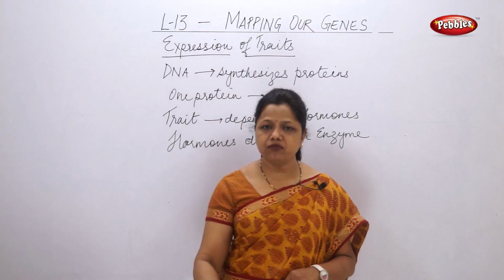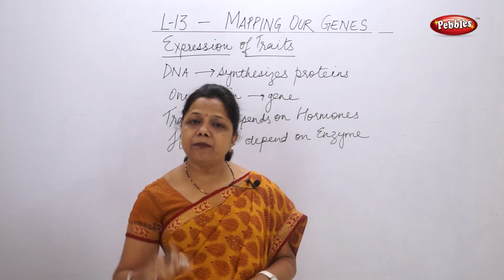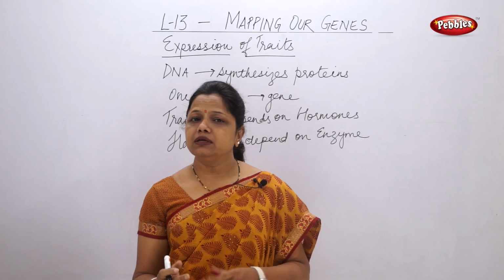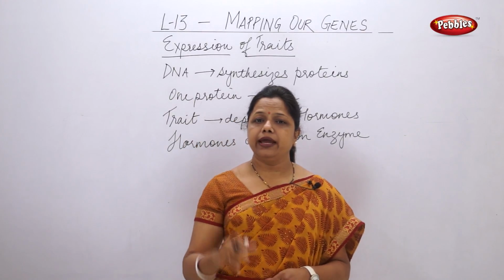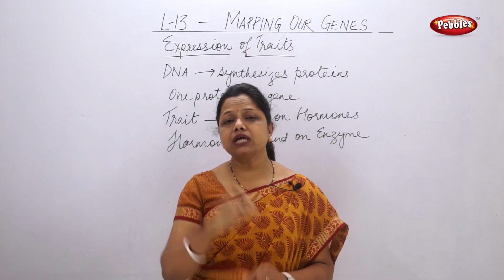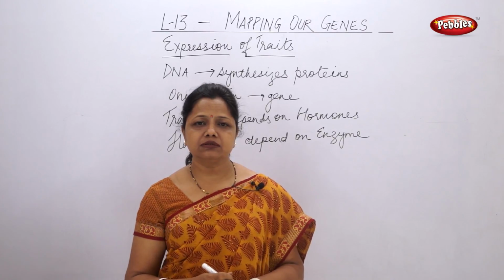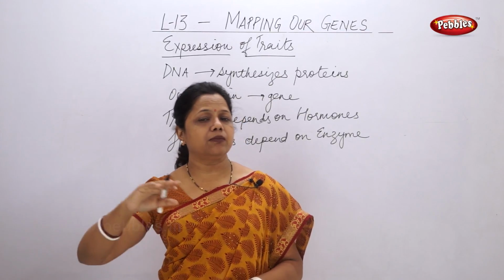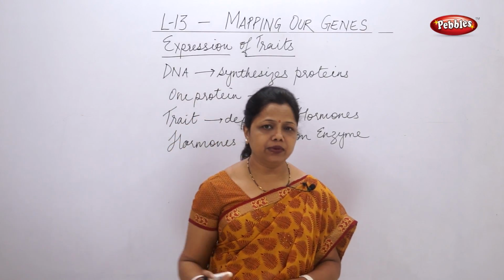I took the example of tallness of plant. If the tallness of the plant is dependent on the auxins or the gibberellins, that means these hormones are important. Now these hormones are important if the enzymes which are actually helping them to release are efficient enzymes. When enzymes are efficient, the hormones are released in a proper way and the plant grows as tall as it can be.